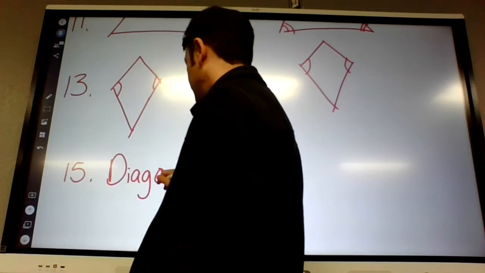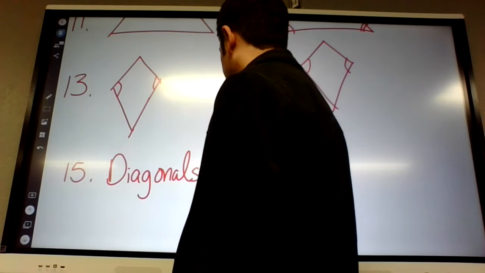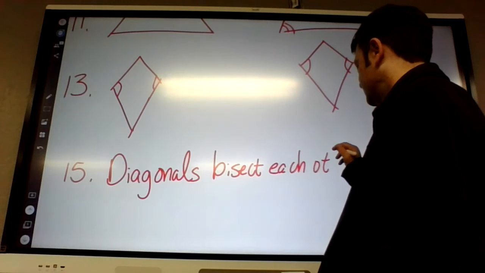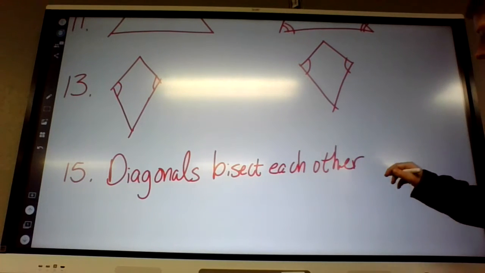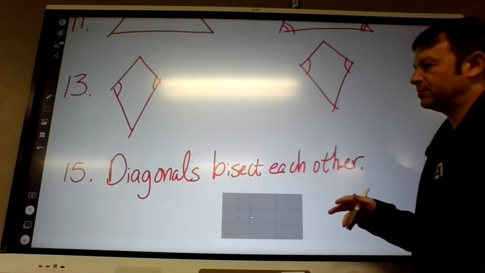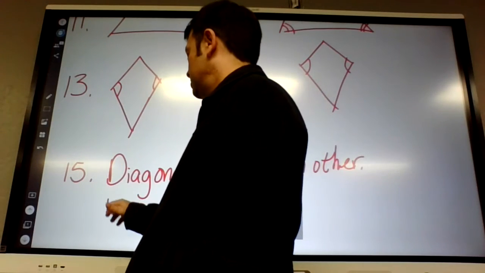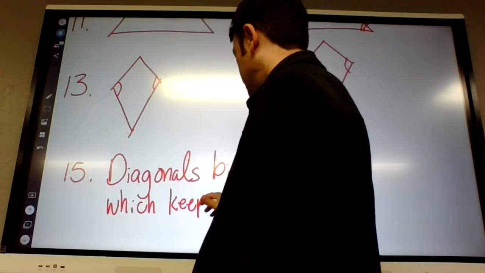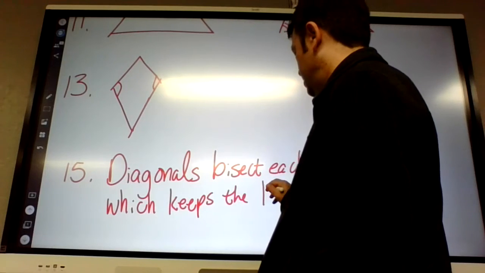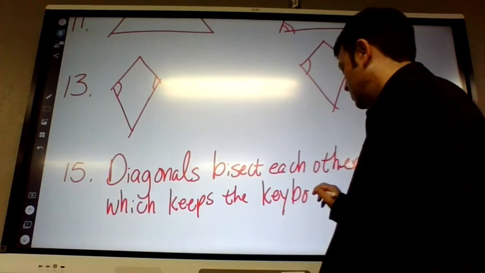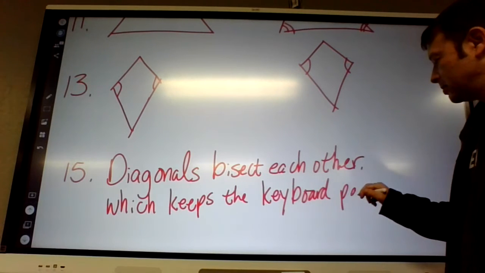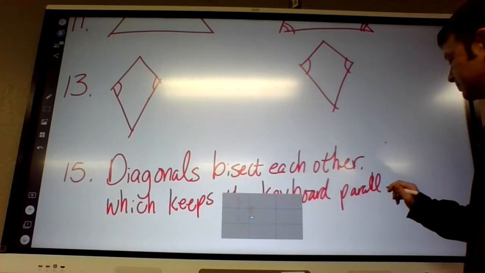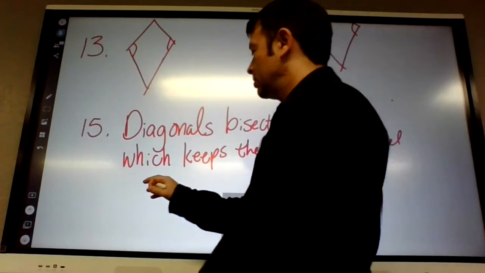Diagonals bisect each other, which keeps the keyboard parallel to the ground.